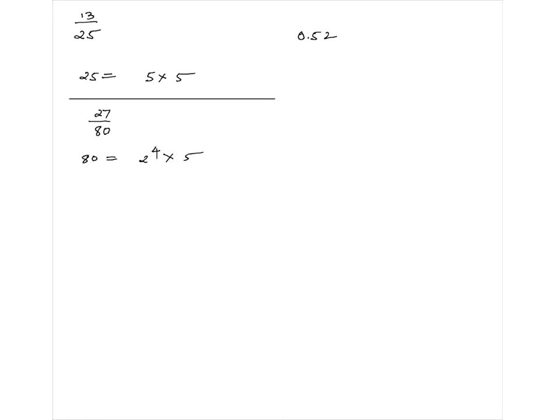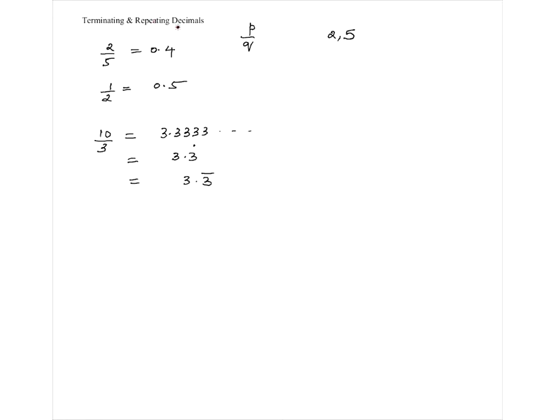But if you find something else also, say 3 is there, in that case it would be repeating type, non-terminating repeating type. Repeating itself means non-terminating. Yes, anything else?